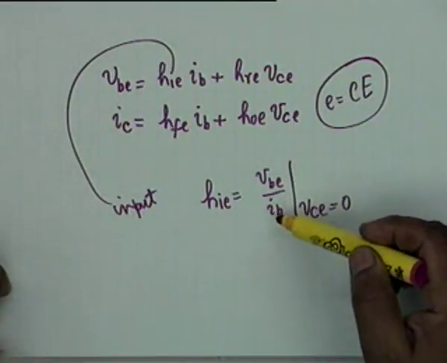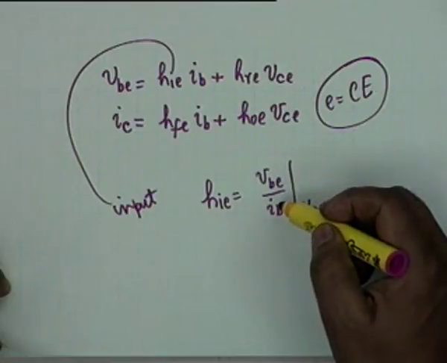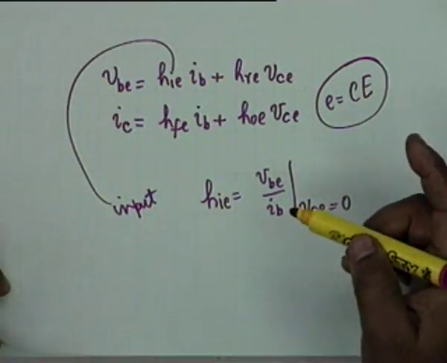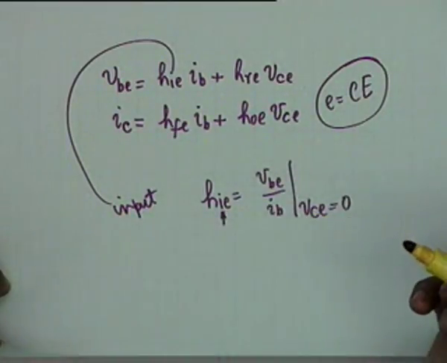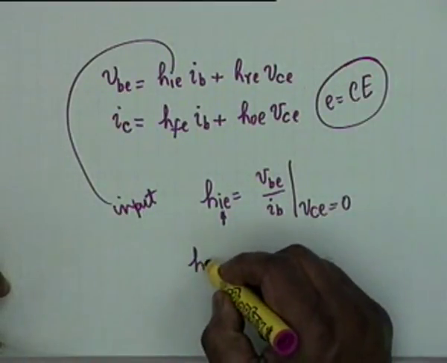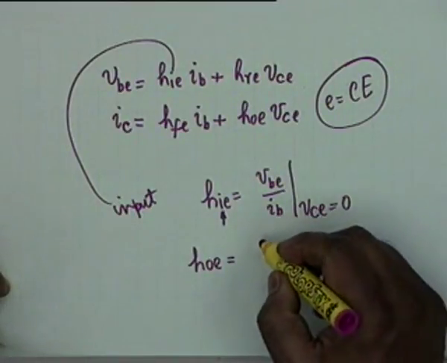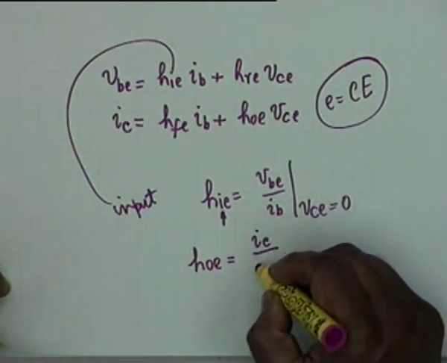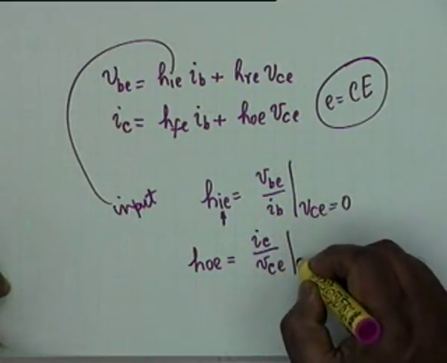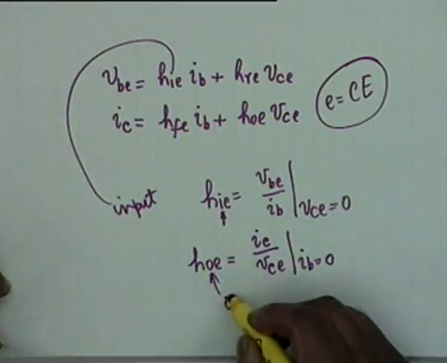VBE is the voltage and IB is the current that it drives. So this is the input, this is the quantity measured at the input terminals, and that is why this first subscript I is there. In a similar manner, if you look at HOE, this is an output parameter, because HOE is IC divided by VCE under the condition IB equal to 0. So this stands for output.